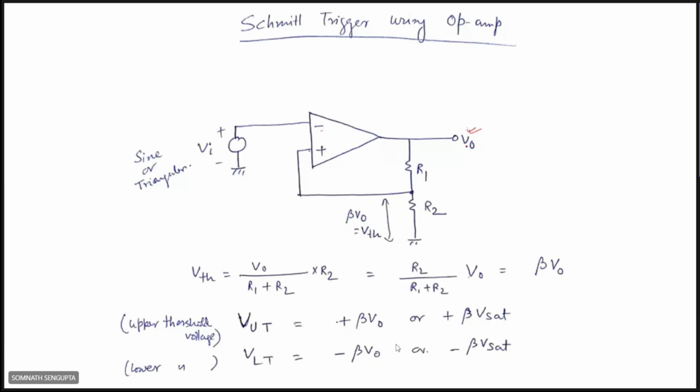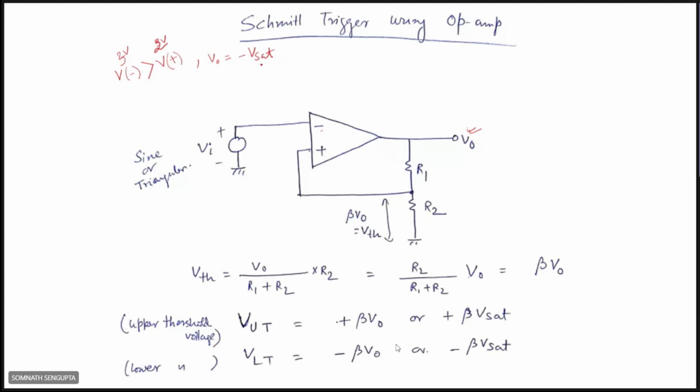So if the voltage at the inverting terminal is greater than at the non-inverting terminal, like if it is 3 volt and the other is 2 volt, then the op-amp output produces a negative voltage, that is minus V sat, the saturation voltage.